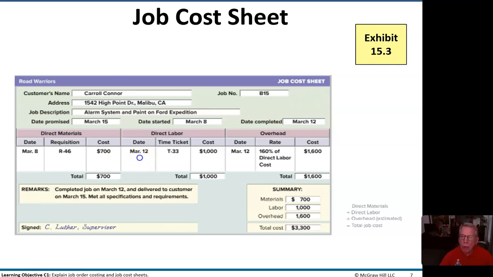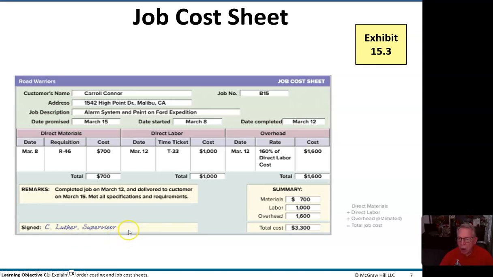On March 12th, we had a time ticket for labor that was used, direct labor, on this particular product. And also on March 12th, we had an estimate of overhead, 160% of direct labor cost. We'll learn a little more about that here in a few minutes. And that cost $1,600. So our summary was materials, labor, overhead, total cost.